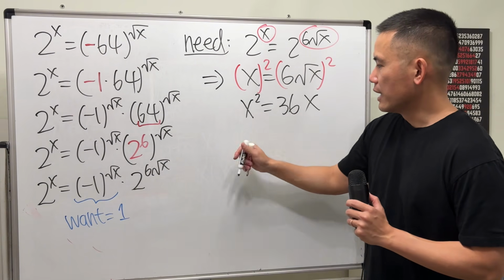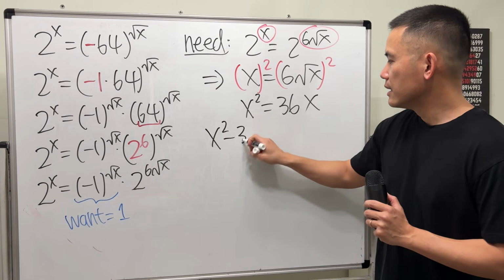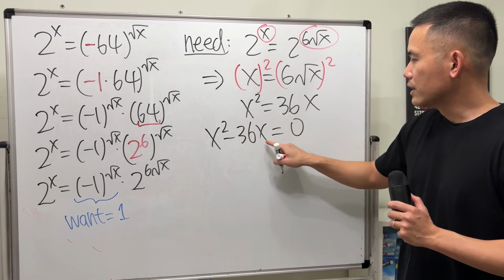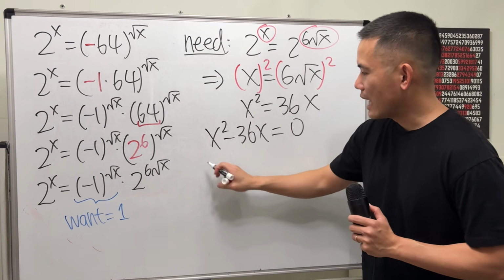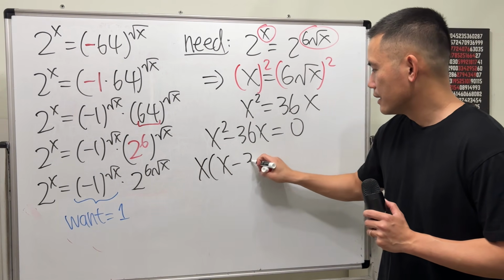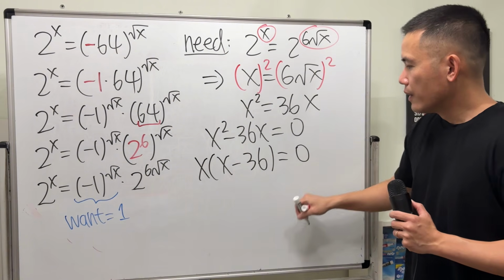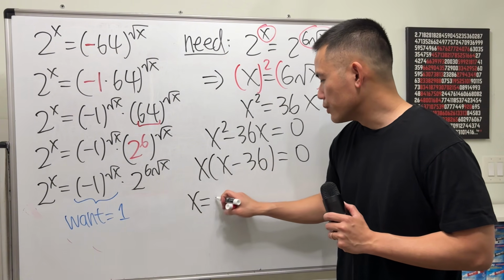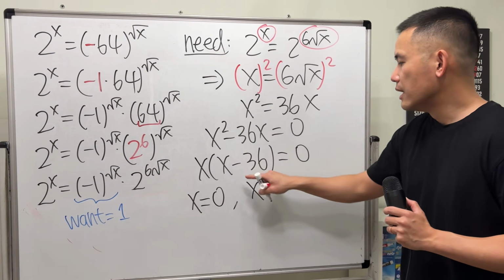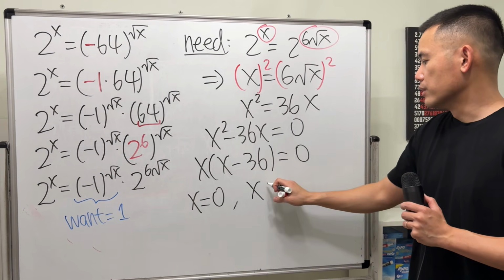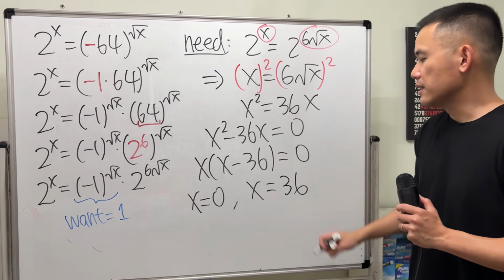So bring this to the other side instead. And notice we have the x, so we can factor it out. From here, we see that x is equal to 0. From here, we see that x minus 36 has to be 0, so that means x has to be 36.